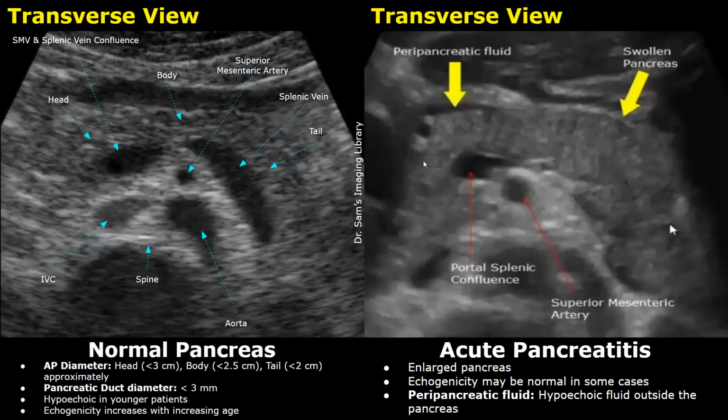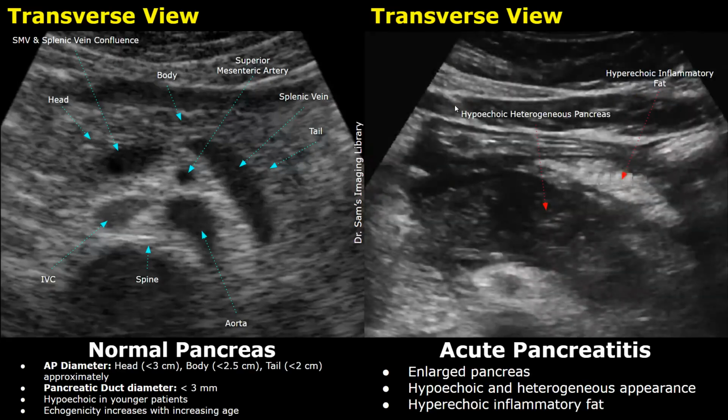Over here is another case of acute pancreatitis. We can clearly see a swollen, enlarged pancreas. The echogenicity appears normal, but the gland appears enlarged, and there is hypoechoic peripancreatic fluid.